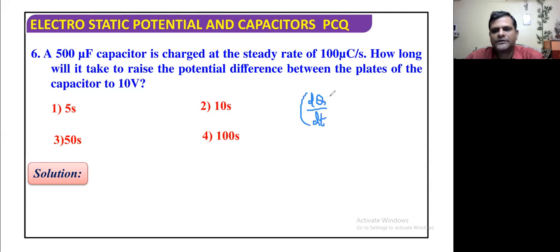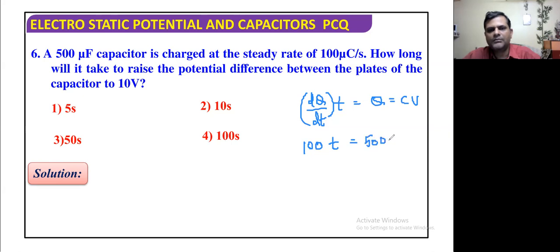Suppose if you just multiply this by time, then we can get the total charge appearing on the capacitor, which has to be equal to C into V here actually. So this time has to be found out here. So the rate is given already, which is 100 microcoulomb per second, into T, that is to be equal to the total charge, which has to be equal to C into V. So C is going to be 500 microfarad.